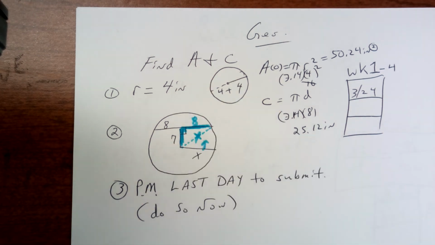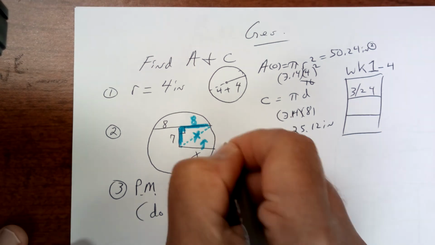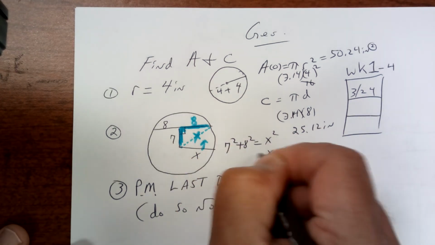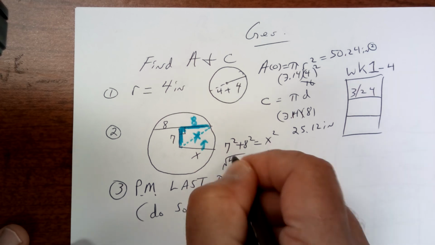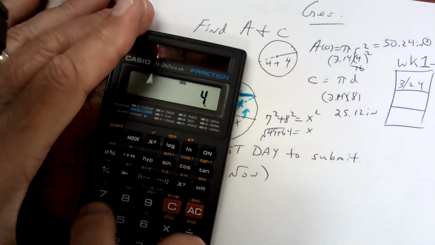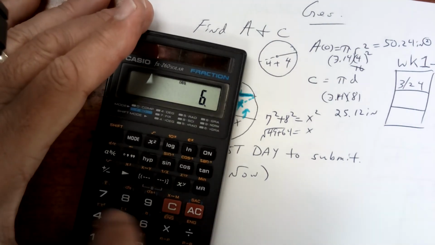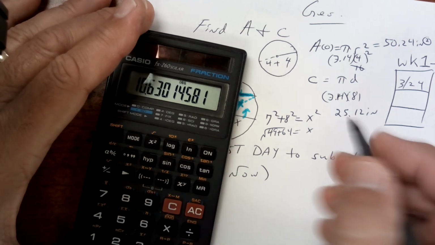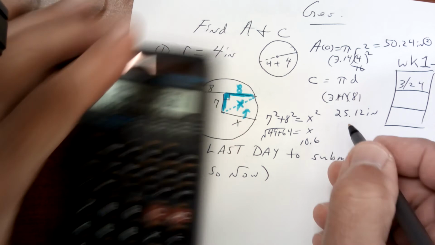So it's going to be 7 squared plus 8 squared is equal to the hypotenuse squared. So x is going to be the square root of 49 plus 64. So you're going to take your calculator and then hit shift and then square root, and I get 10.6 on that one right there, and that's inches.